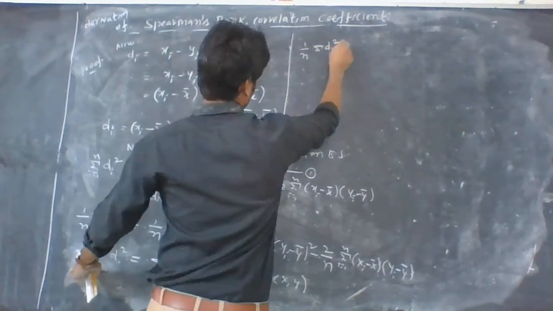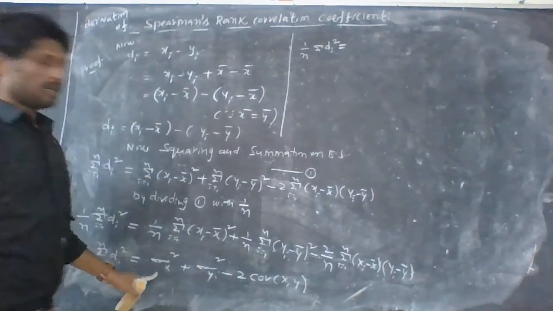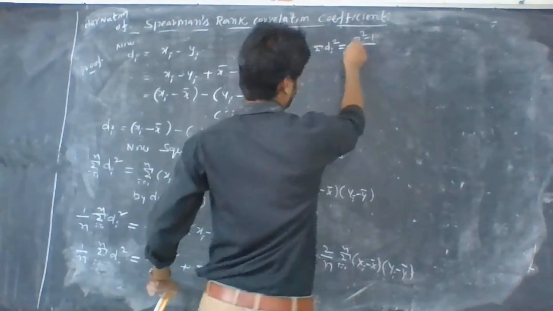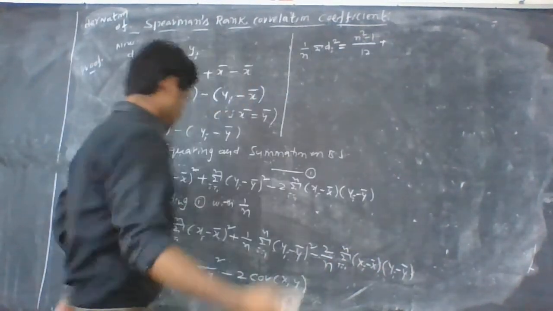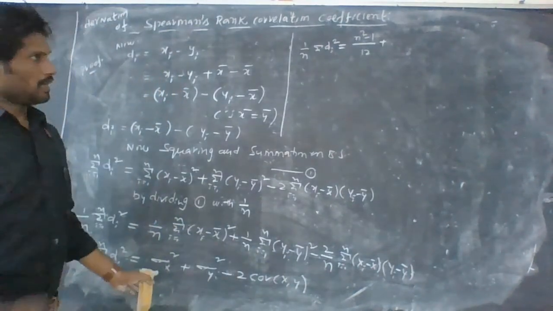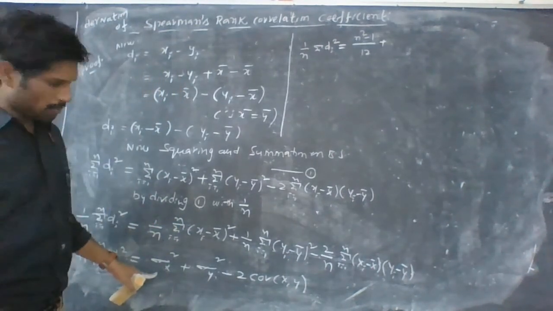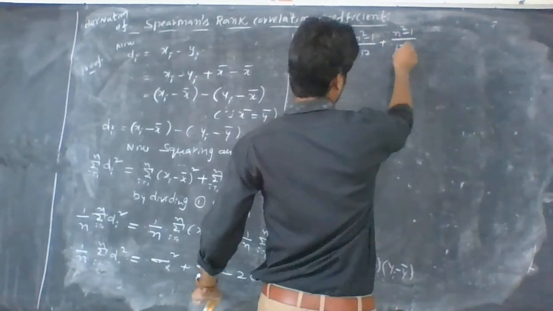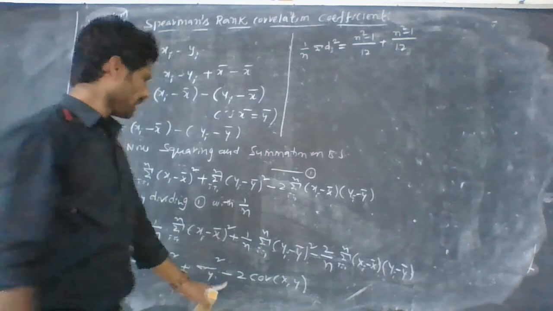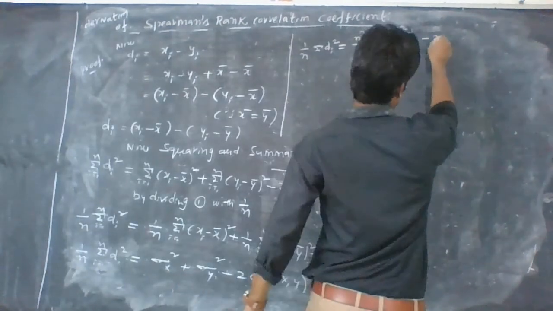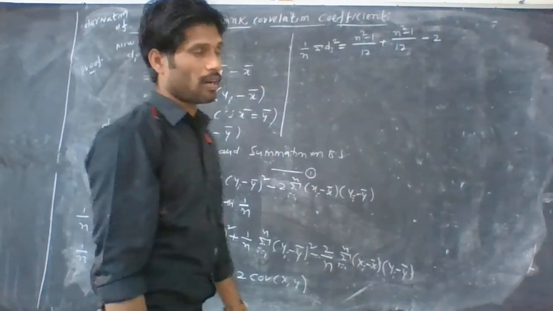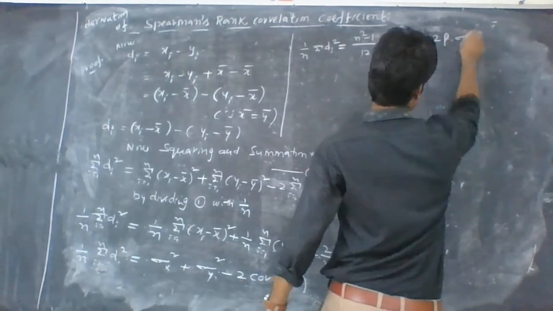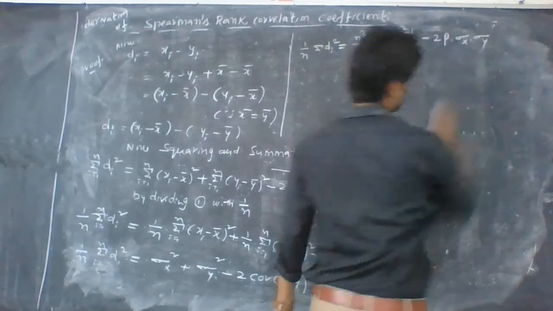1 by n summation di square is equal to the variance of x, formula n square minus 1 by 12. It gives the variance of x from the previous steps. Sigma square x equals n square minus 1 by 12 and sigma square y is also n square minus 1 by 12, minus 2 into covariance of x comma y, formula r into sigma x into sigma y.